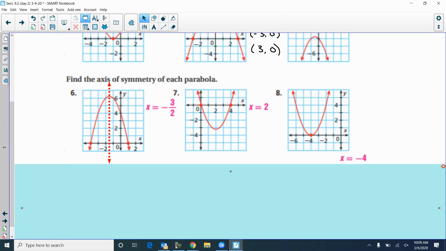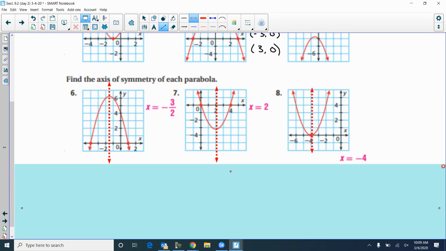It will be halfway between the zeros. So you can use the zeros, or you can just figure out where it is halfway between. x equals 2 would be the axis of symmetry here, and x equals -4.